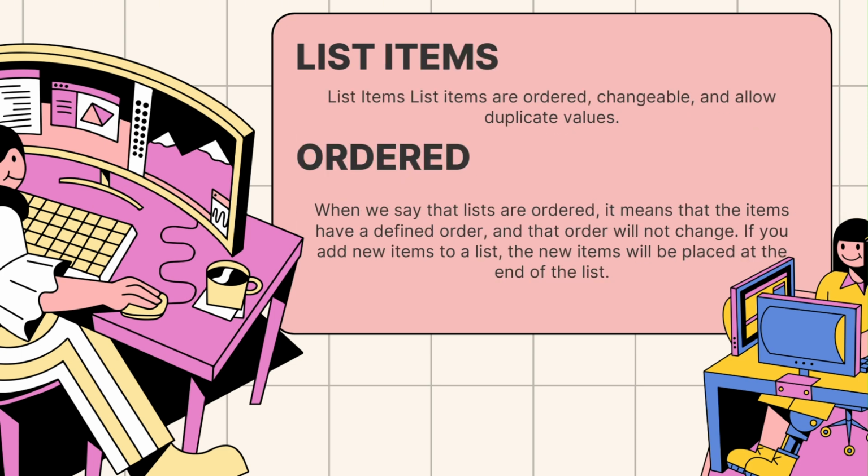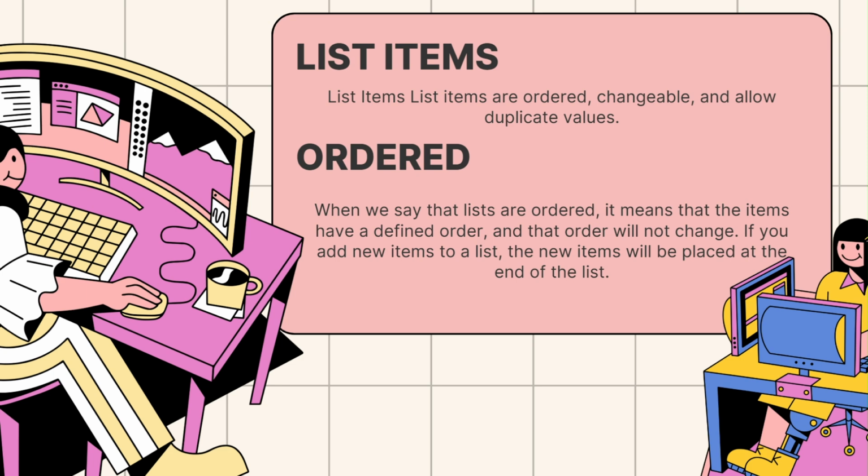List items. List items are ordered, changeable, and allow duplicate values. Ordered. When we say that lists are ordered, it means that the items have a defined order and that order will not change.